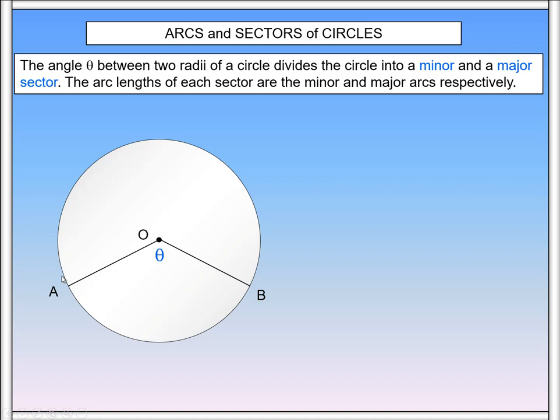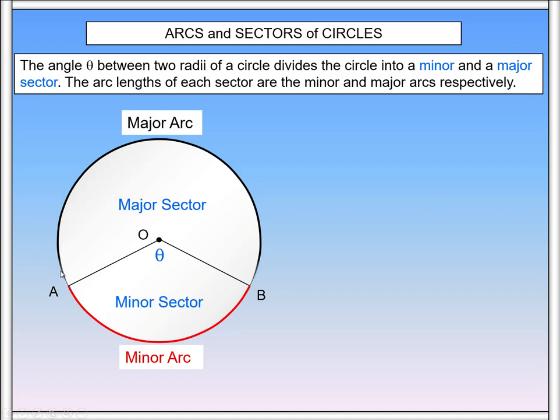The radius from O to A and O to B gives us two sectors. This is a minor sector. This is a major sector. We can do the same thing for the arcs. This is known as a minor arc here from A to B, and here we've got a major arc. So there's your minor sector, major sector, and your minor arc in red there, and then your major arc in black there.